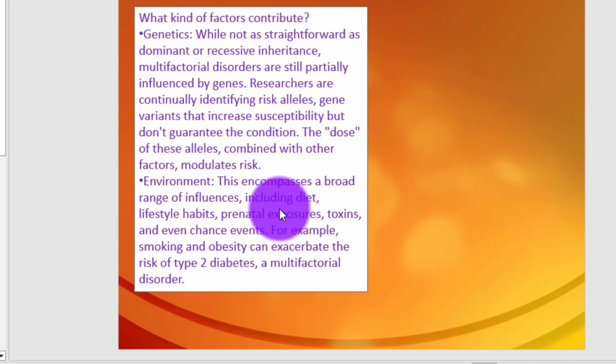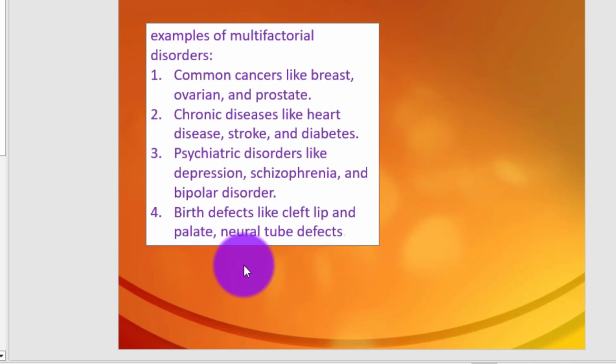This encompasses a broad range of influences, with diet, what you are eating, lifestyle, your sleep, your sport habits, parental exposure, prenatal exposure, X-rays you may be exposed to, toxins, even chance events. For example, smoking and obesity can exacerbate the risk of type 2 diabetes, a multifactorial disorder.